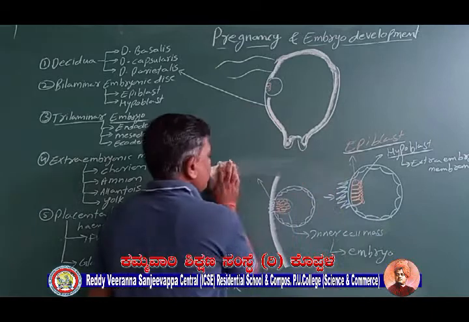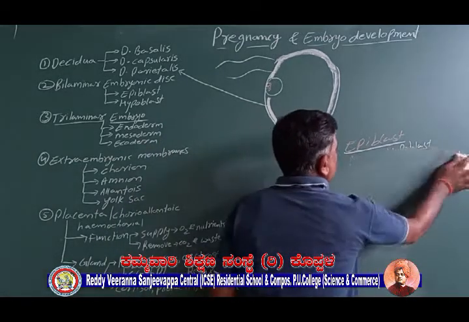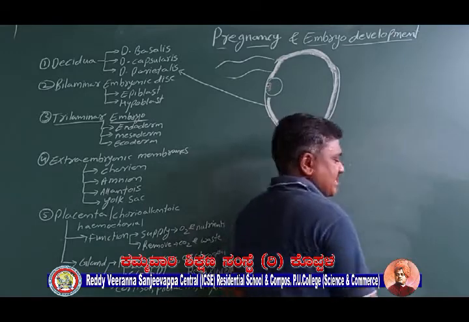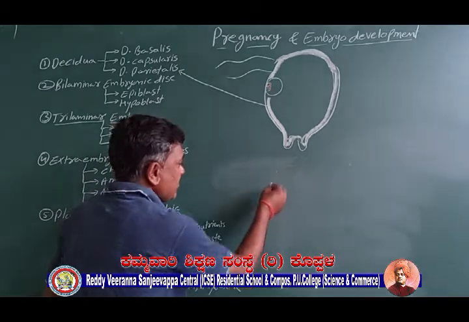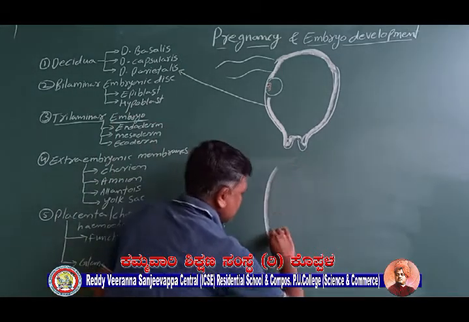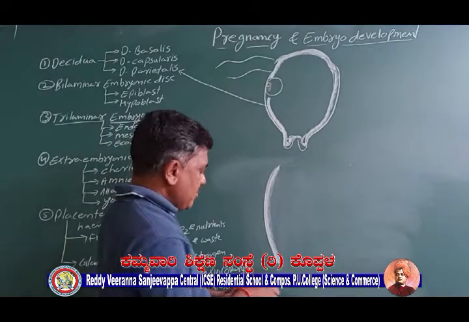Up to epiblast cells it is clear. Now, how is there development of the trilaminar embryo? So just consider this is the endometrium.